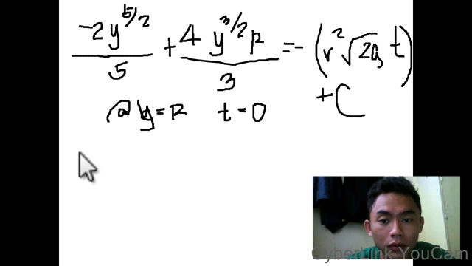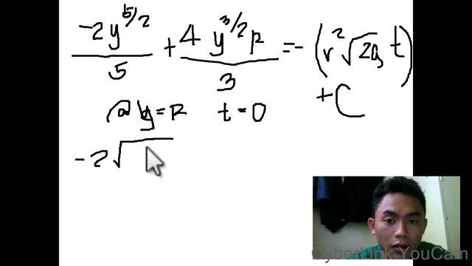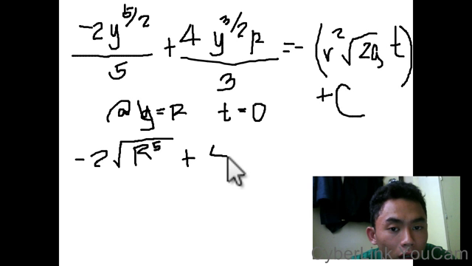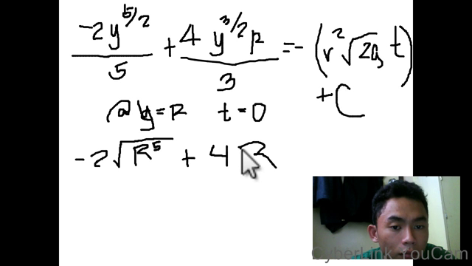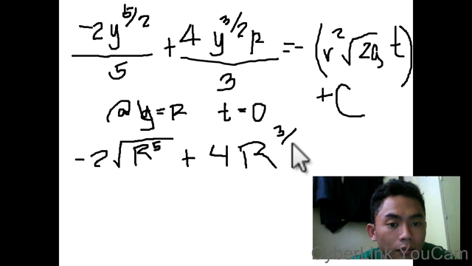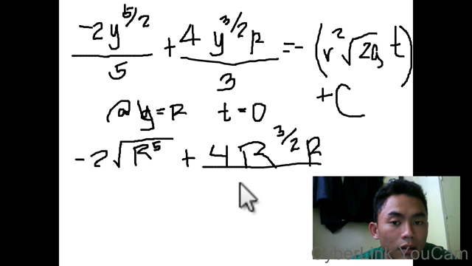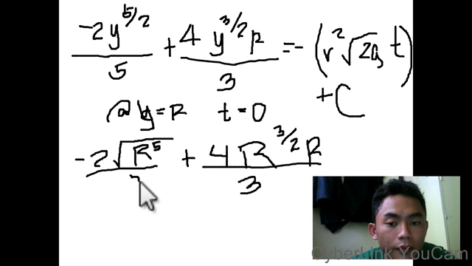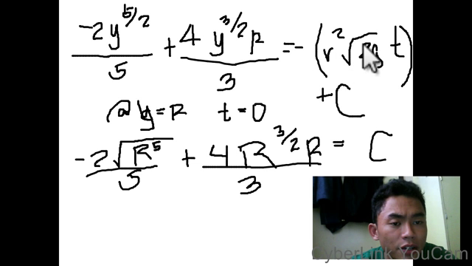So negative 2 over 5 r to the 5/2 plus 4 over 3 r to the 3/2 times r equals the constant c. It becomes 0 on the right side because t is 0.